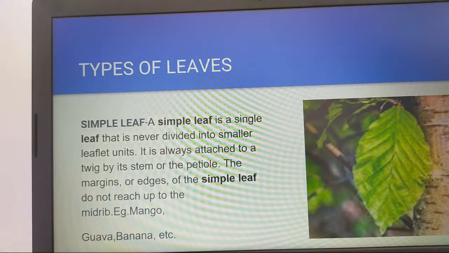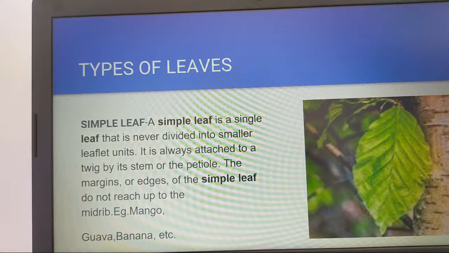Some examples of simple leaf are mango, guava, banana, etc. The very common example is mango. You can take a leaf of mango and you can see that a simple leaf has a single lamina that is never divided into smaller leaflet units.